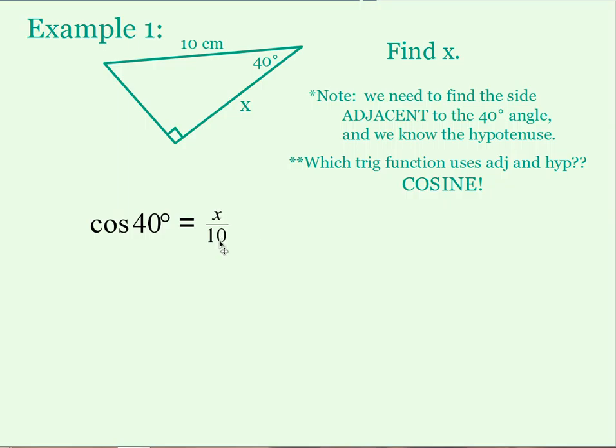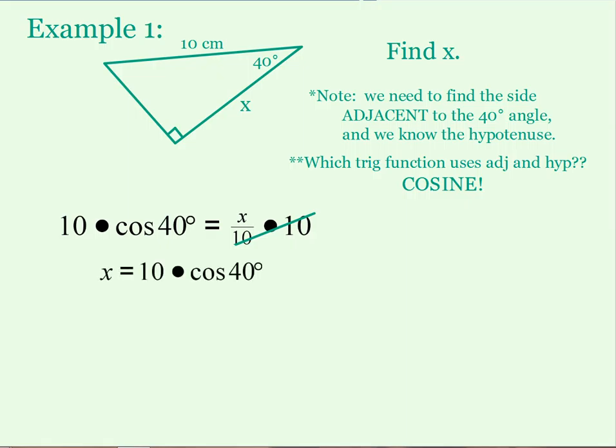So this says x divided by 10. How am I going to get x by itself? I'm going to multiply both sides by 10. That's going to cancel the 10s on the right-hand side. And I get x is equal to 10 times the cosine of 40.